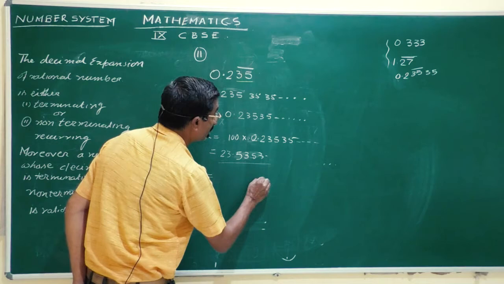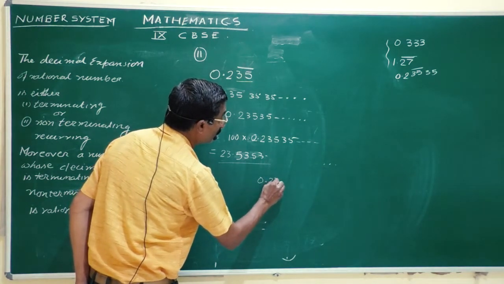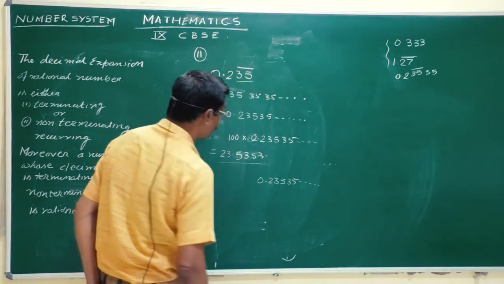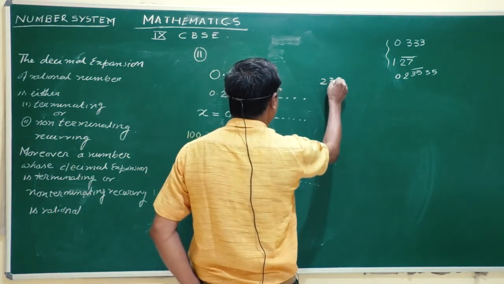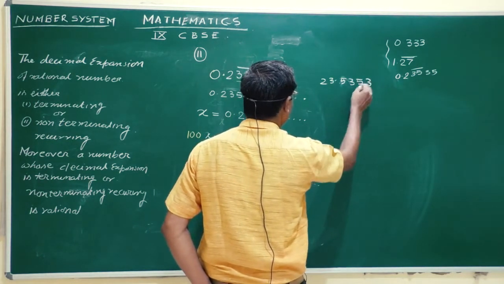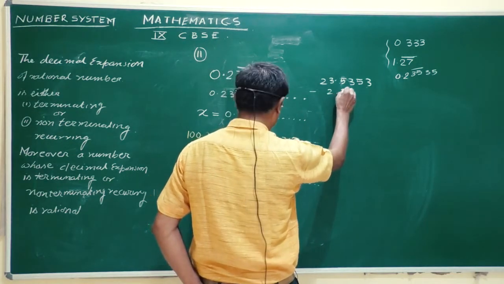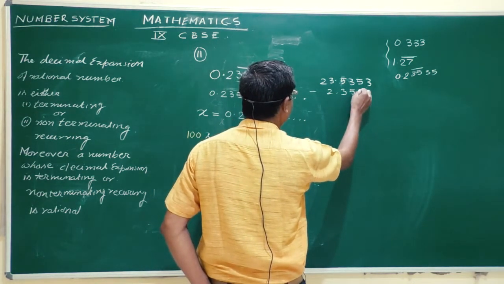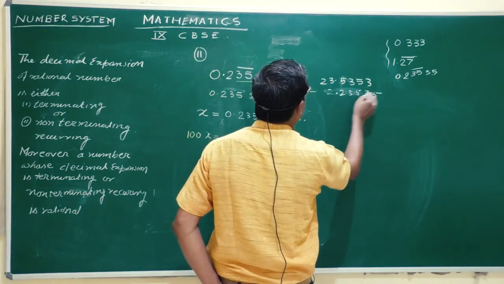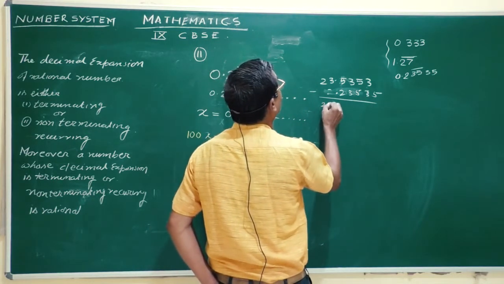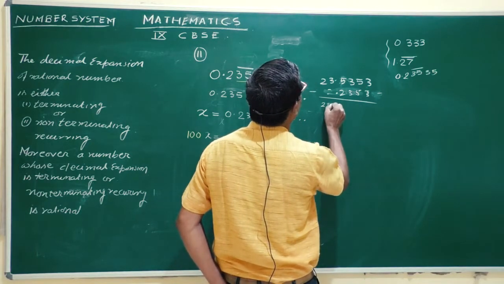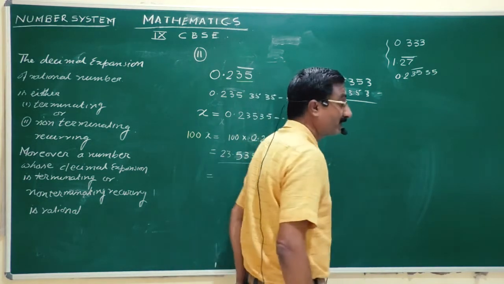Again, what we need is this value 0.235 after this one. So we can say that 0.23535 and so on. So 23.5353 minus 0.23535 is 23.3.